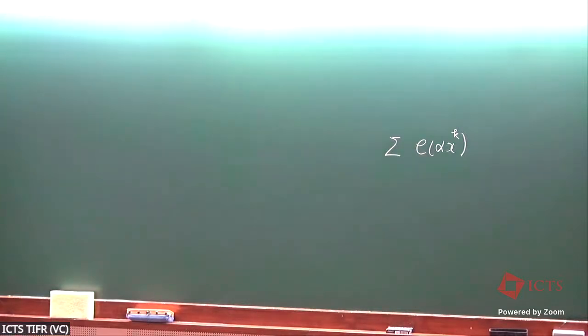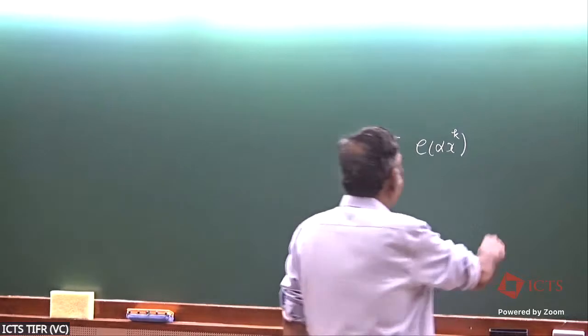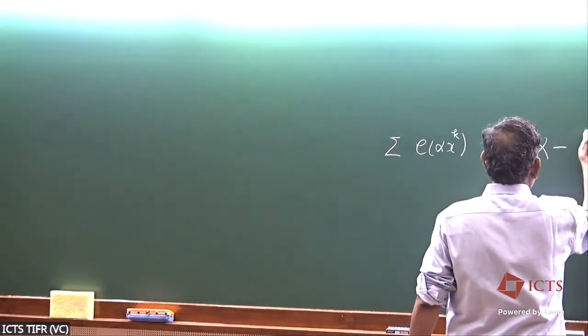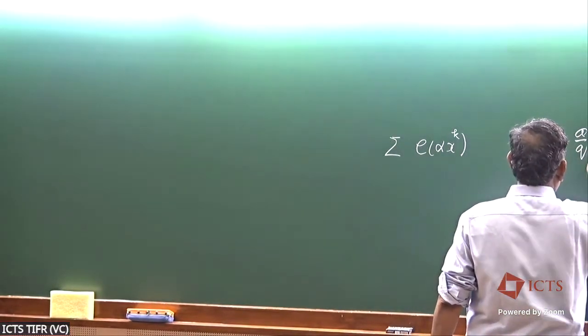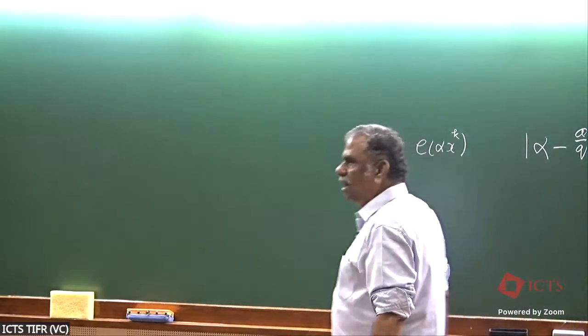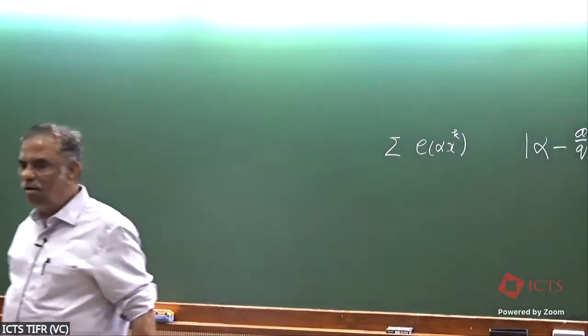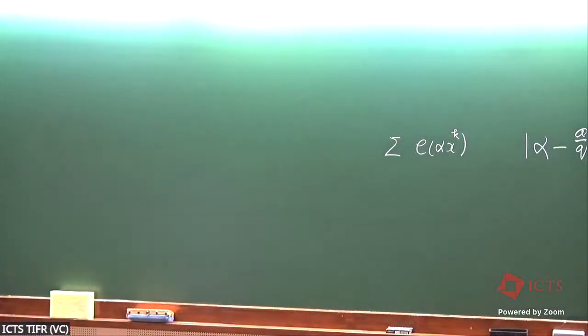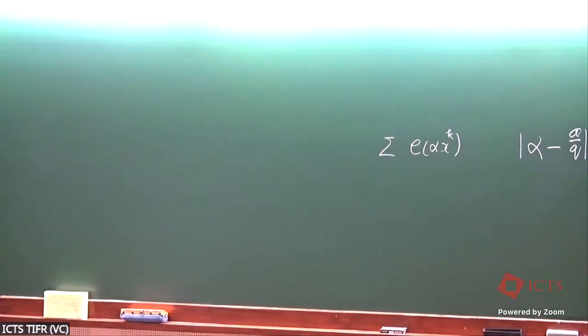And then you always assume that modulus alpha minus a over q is less than or equal to 1 over q squared, and you will be in the minor arc, and therefore q will not be very small, and also q will not be very big. Okay, they will be in the intermediate range.